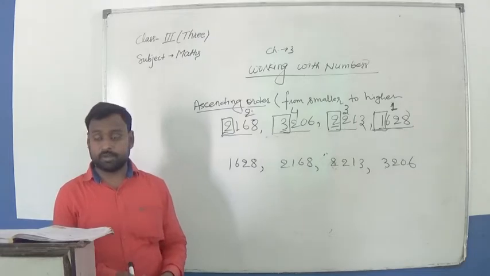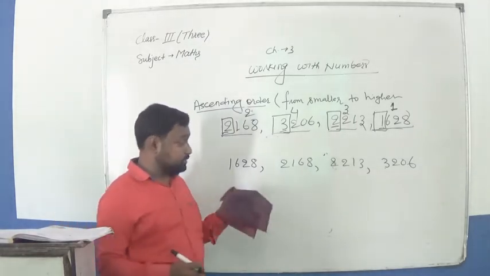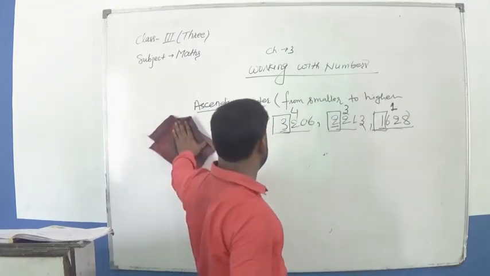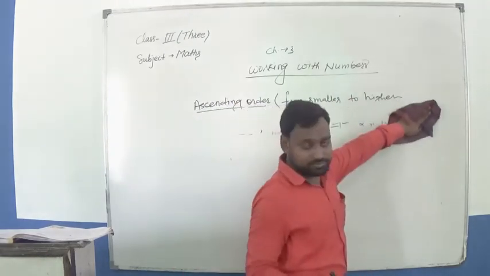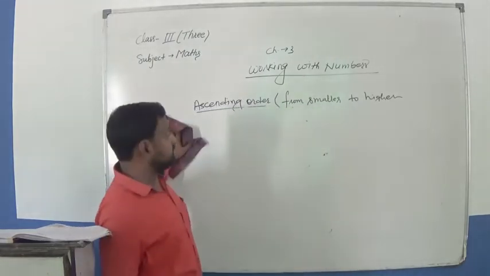See another example so that once again you can understand how to write in ascending order or descending order. In this type of question, I am solving for arranging in ascending order.